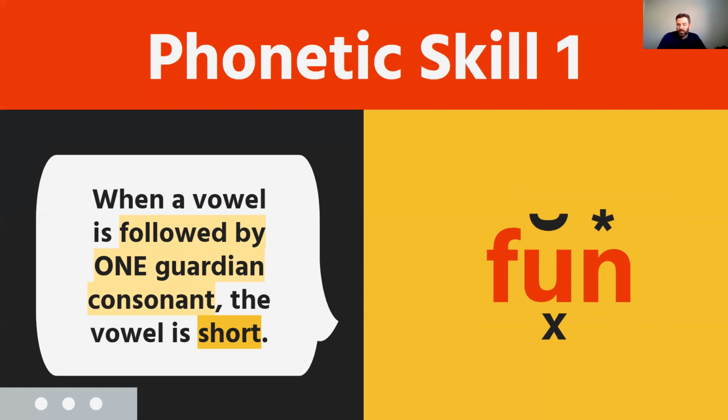And this symbol, many English speakers are familiar with this. We never use these symbols when we are writing sentences, but we often use them when we're teaching people to read and pronounce in English. And so this symbol means a short U sound. And so anyone that is looking at this word would know that this word would be pronounced fun, and not a different vowel sound like foon.